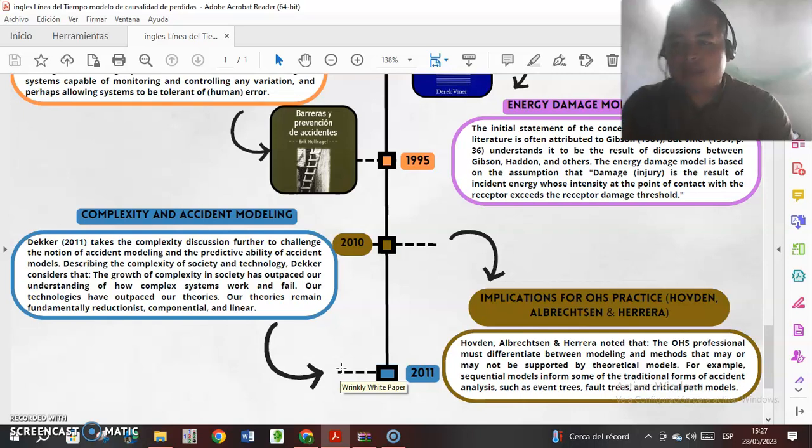Dekker considers that the growth of complexity in society has outpaced our understanding of how complex systems work and fail. Our technologies have outpaced our theories. Our theories remain fundamentally reductionist, componential, and linear. Thank you.